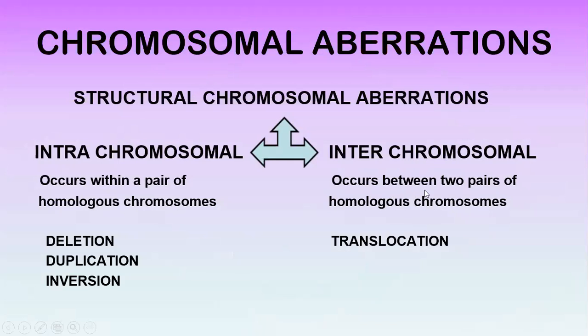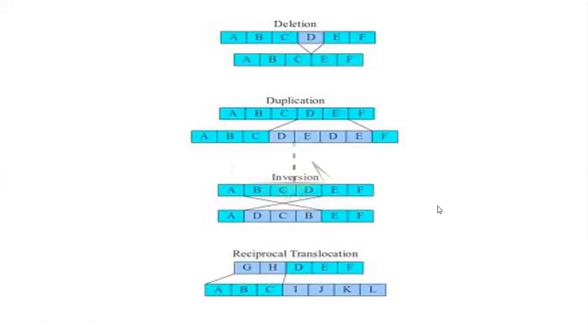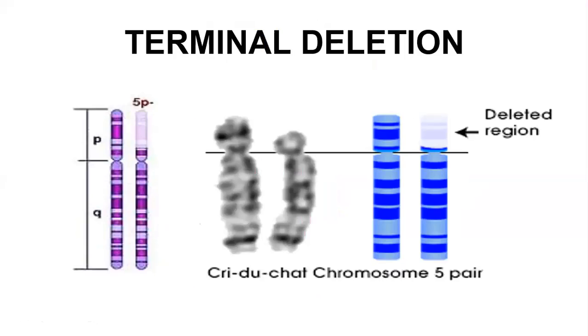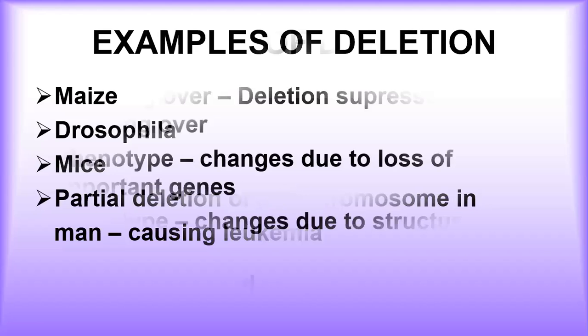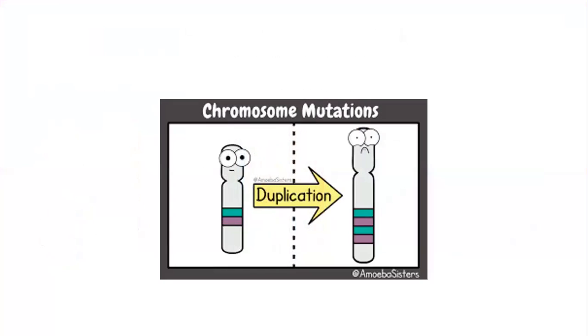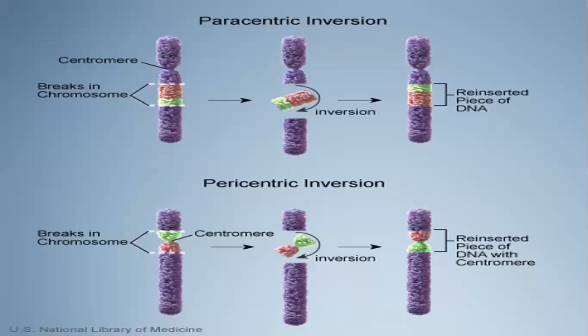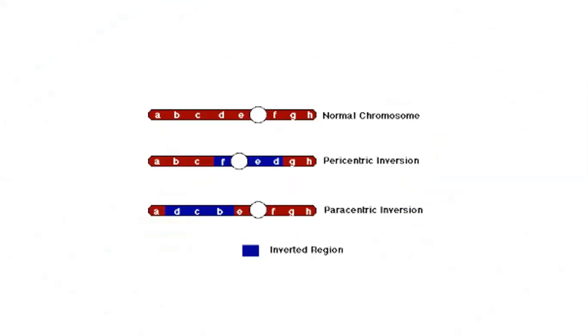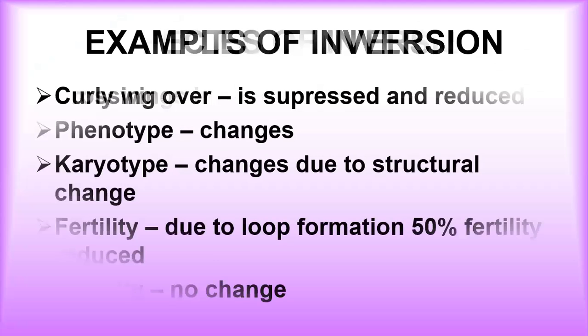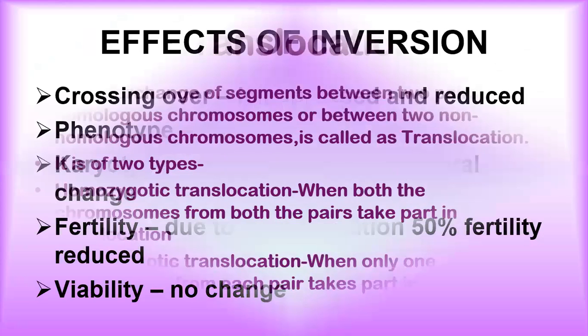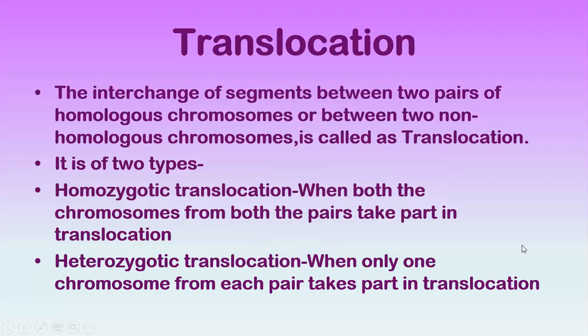it involves two pairs of homologous chromosomes, or it occurs between two non-homologous chromosomes. I repeat my words. It occurs between two non-homologous chromosomes.